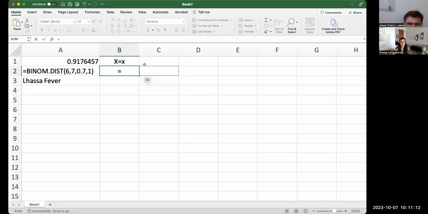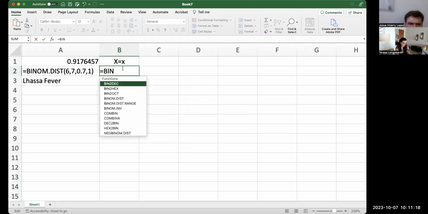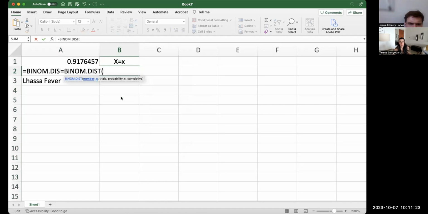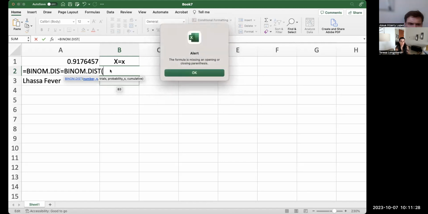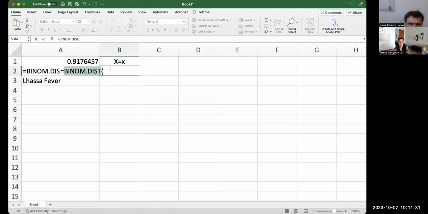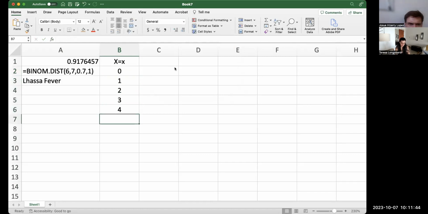I want to use just the binomial distribution function. What I want to do first is make the x's. So those would be the x's: 0, 1, 2, 3, 4, 5, 6, and 7. And then I want to do the probabilities.